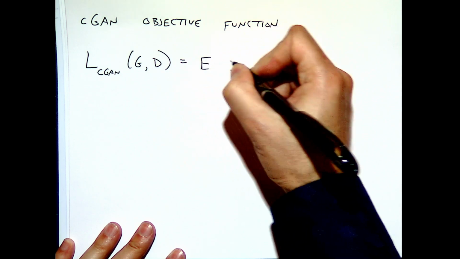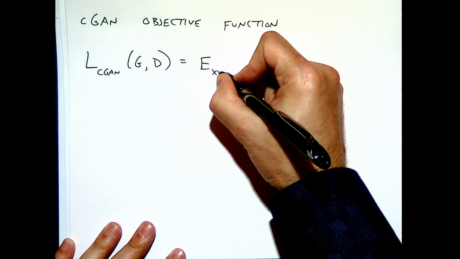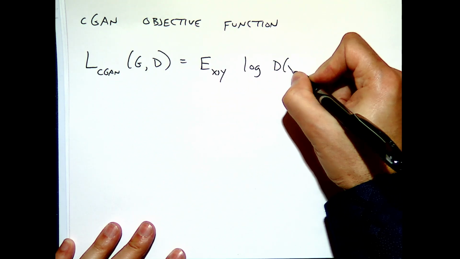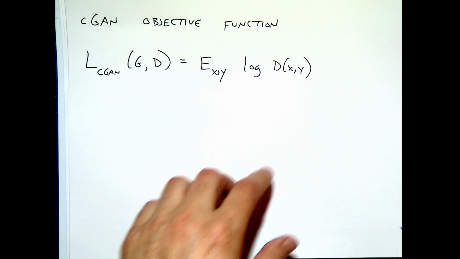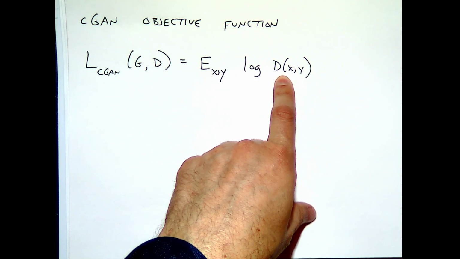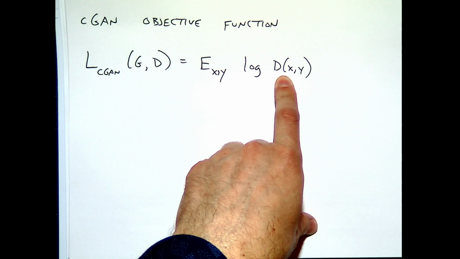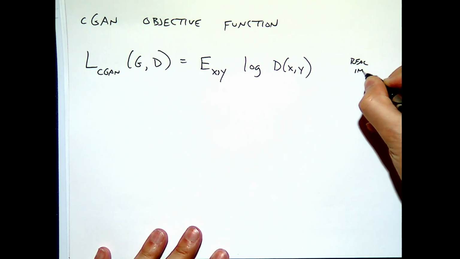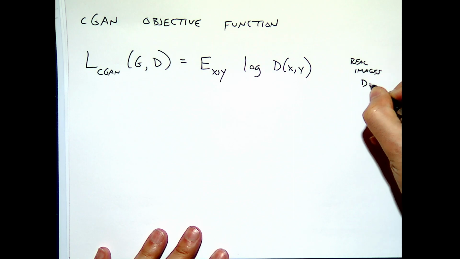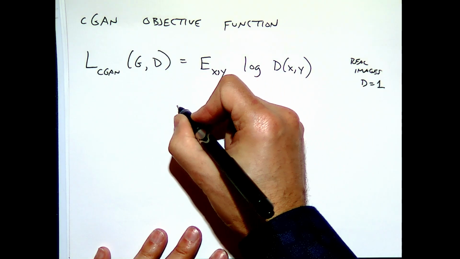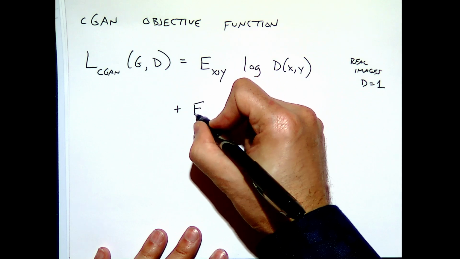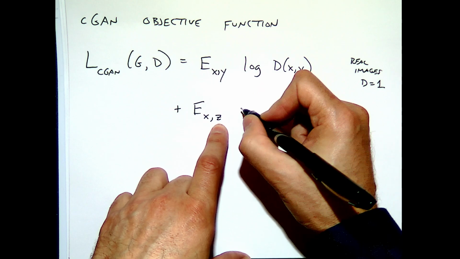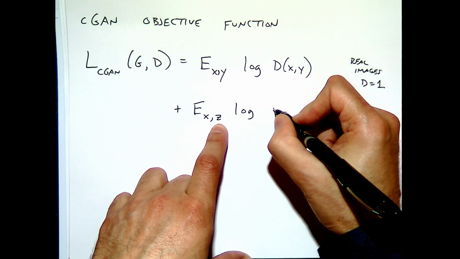I have one term that's basically saying how good is the discriminator, right? So for real images, this D should be outputting 1, hopefully. And then I have the generated images that come from X and the latent variable Z. And again, I want to discriminate those.